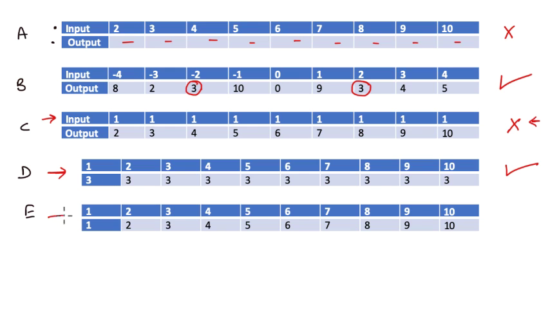And finally, the last one I have, the table E. What we see here is that the input and the output are exactly the same. So what do you think is happening here? Okay, so what is happening is I take an input, I multiply that by 1 and it gives me the output. So what will you say then? Is this a function or not?